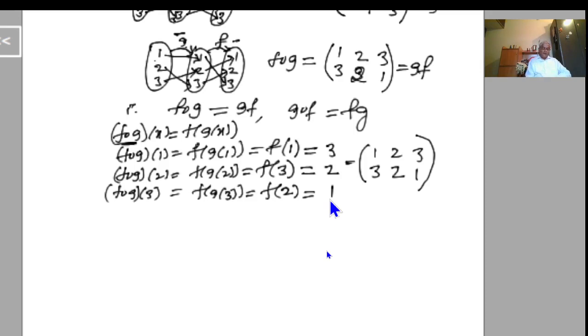So this is our F composition G or GF. Wherever I write composition, there are two ways of writing here. FOG is nothing but GF, GOF, G composition F is nothing but FG. Okay. Then we go to some examples.